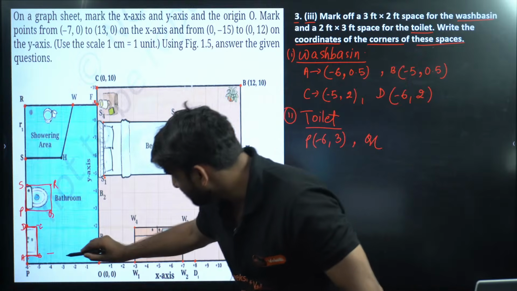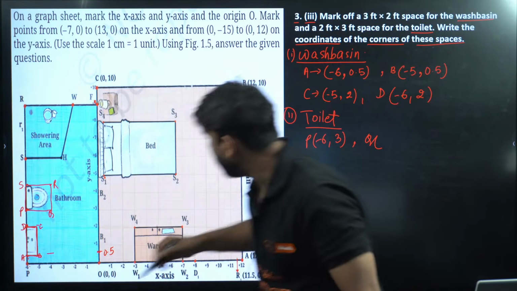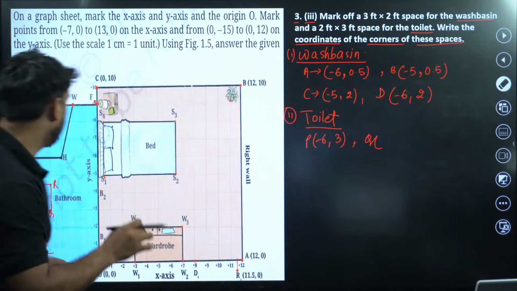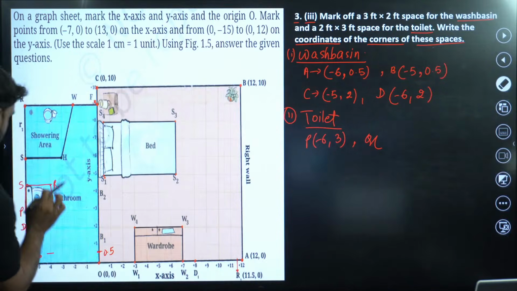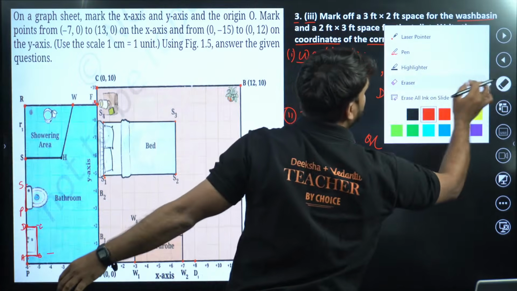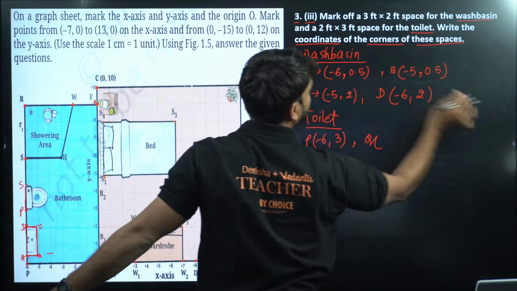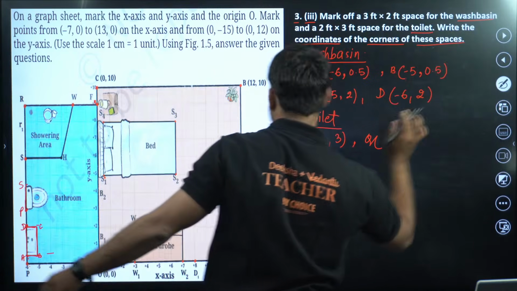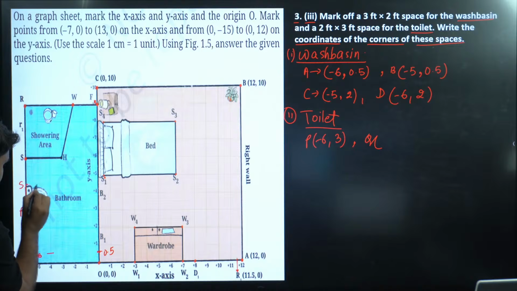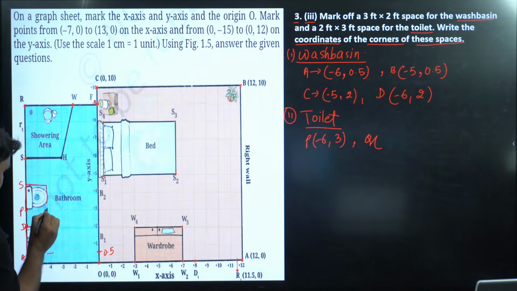Listen here, okay, the line is a little bit farther. I think we need 2 cross 3. So 2 cross 3 means this line will be closer to this. Let's make this line a little bit closer, because this is 2 cross 3. So here the line will be very close to this.